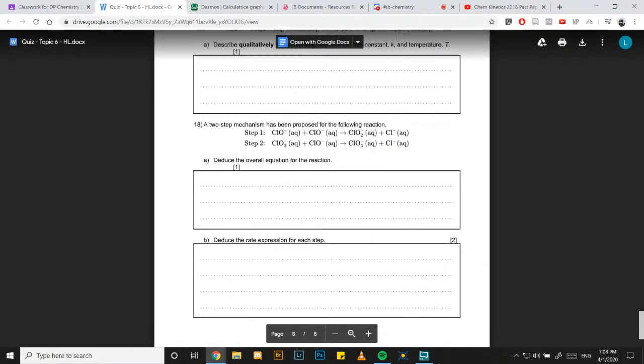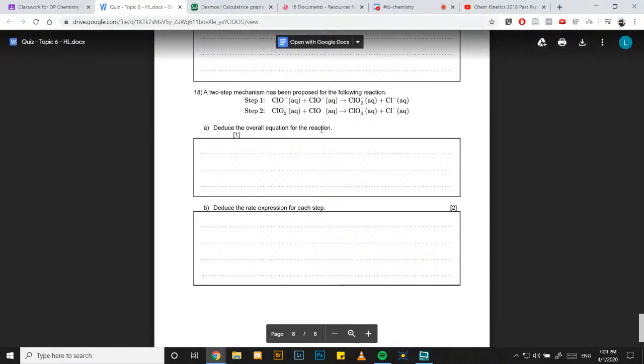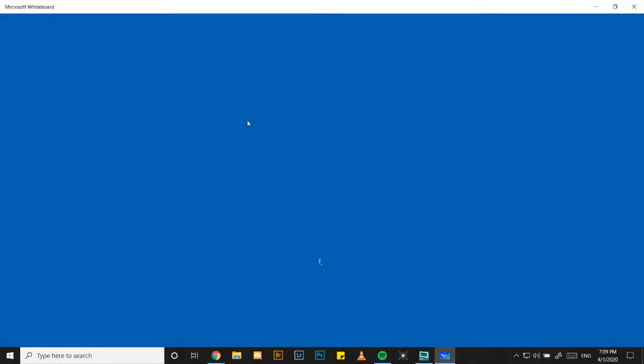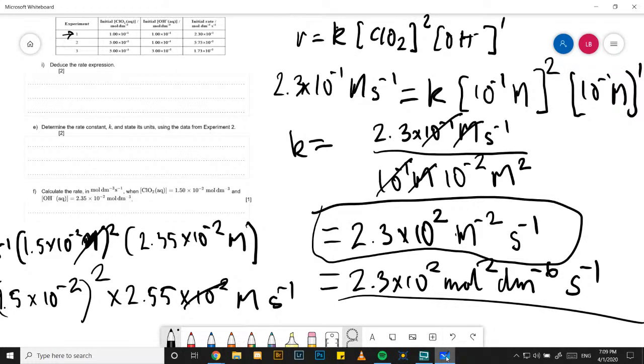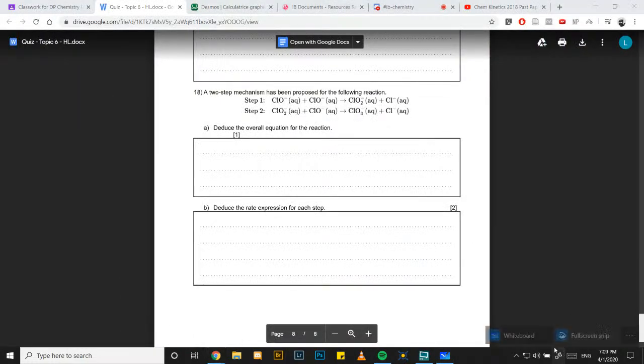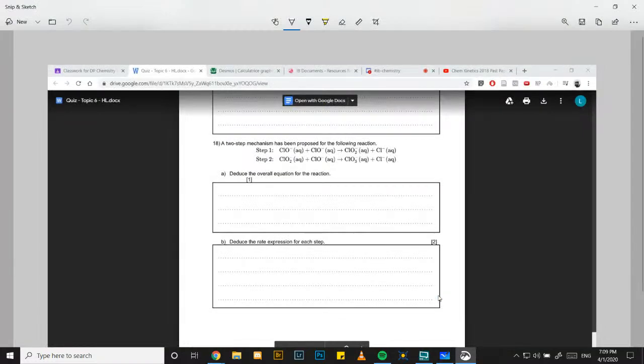Okay, a two-step mechanism is proposed for the following reaction. Deduce the overall equation for the reaction. The way that you can do this is all you have to do is cancel out the correct stuff. Overall reaction equation, ClO2 minus and ClO2 minus over there, so I can remove that.